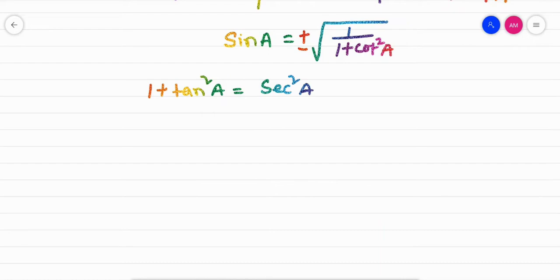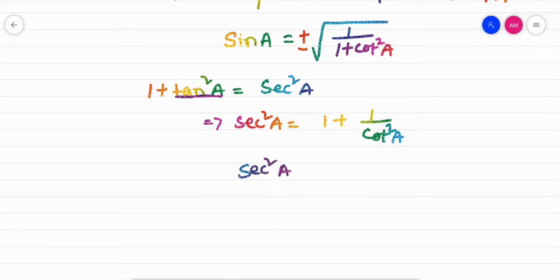If we use 1 by cot for tan, we shall come in terms of cot for sec. So sec square A will be equal to 1 plus 1 by cot square A, because tan A is equal to 1 by cot A and cot A is equal to 1 by tan A. Now you just find out the LCM.